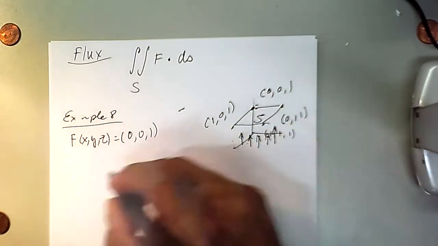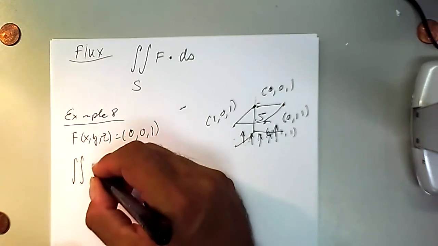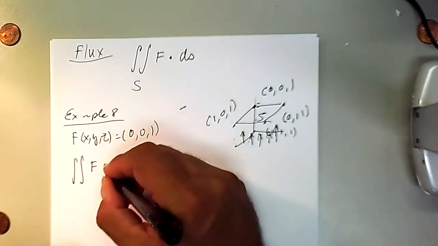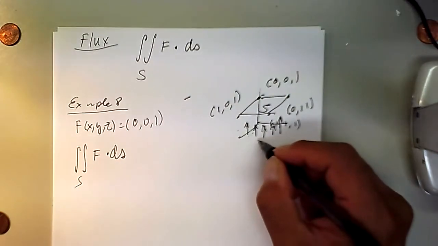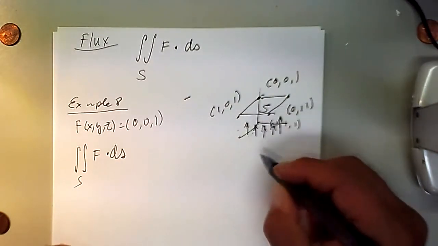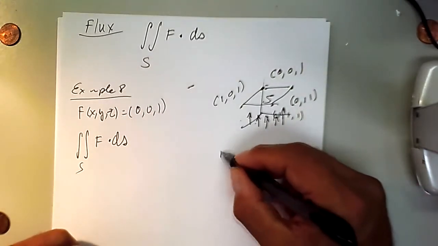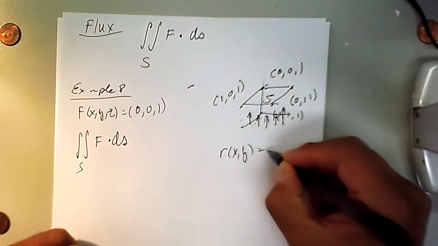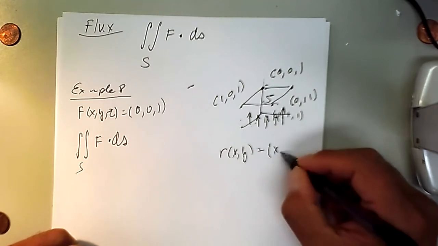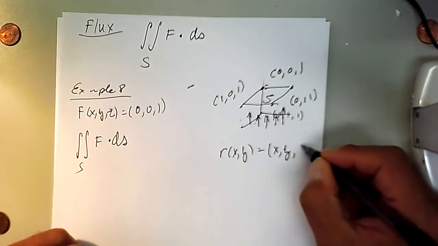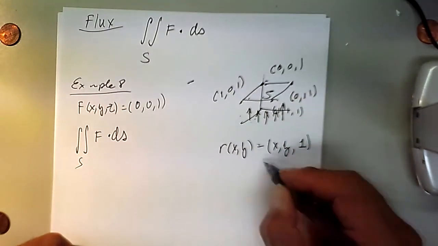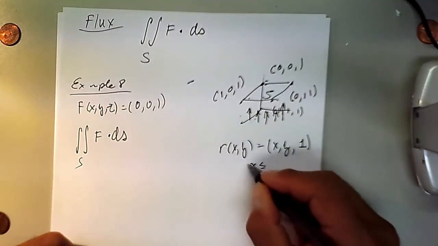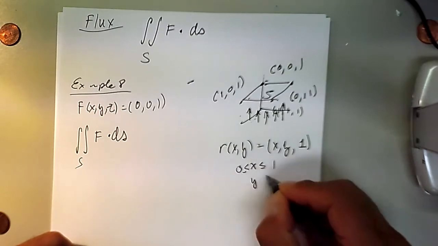So the question is, what is the double integral of this over that surface? The parameterization of this surface is fairly trivial. R of x, y is going to be x, y, and then just 1 for z, and x and y are going to go from 0 to 1.